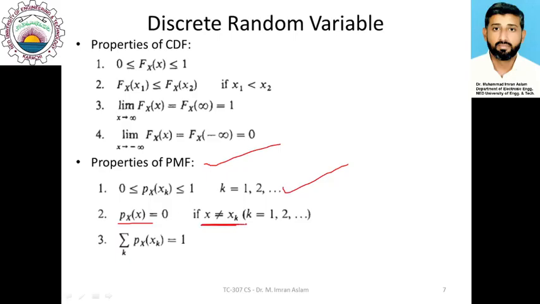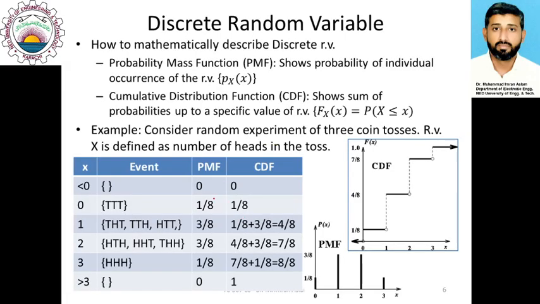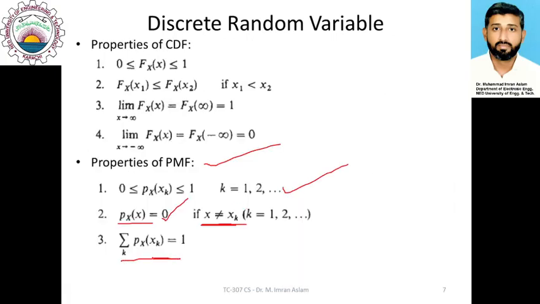If x is not equal to xk, for any other points other than the sample point, the probability will definitely be 0, because it has a value only for those points where you have an occurrence of an event. Similarly, the standard property of the probability function is that the summation of all possible probabilities is always equal to 1. So this is equal to 1 here.